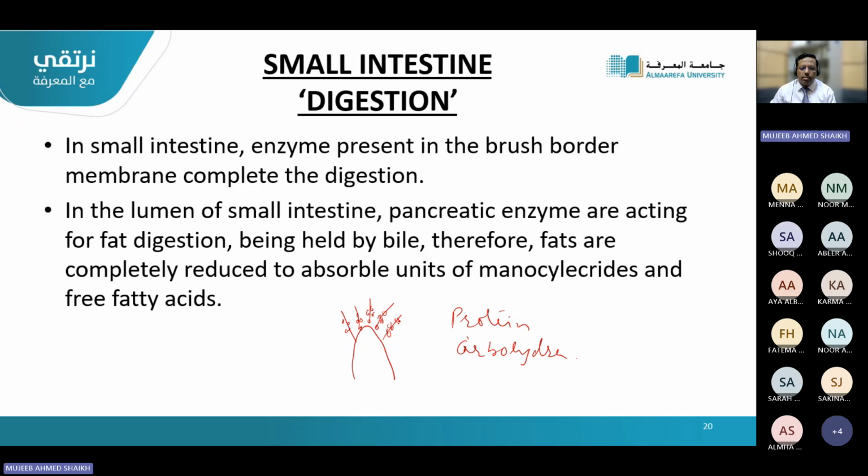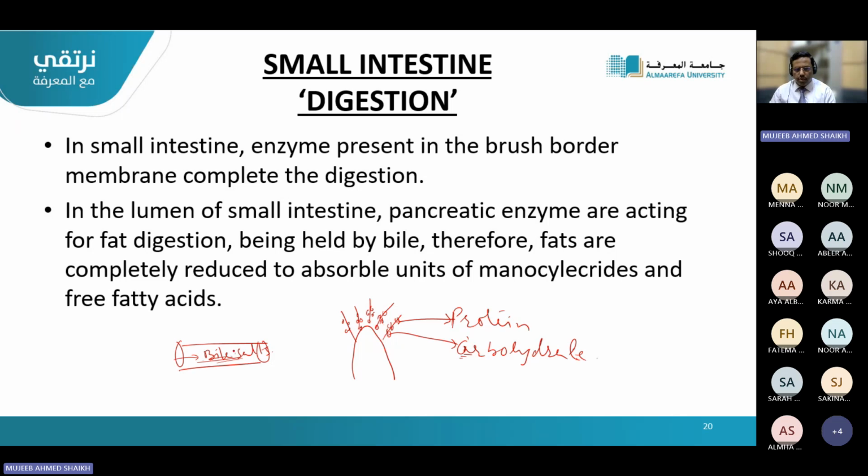So how will the fat be digested then? Fat is digested because in the intestinal juice you have bile salts. They are in the juice, whereas enzymes are present on the brush border.